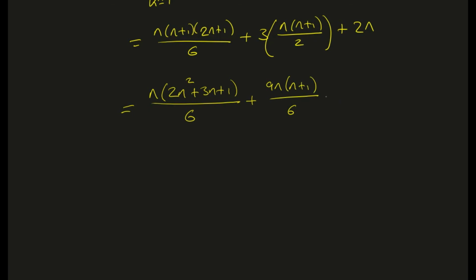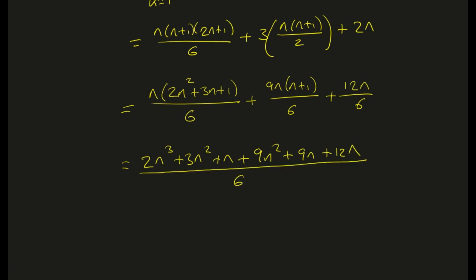Now let's leave it like that. And then that last one will be 12n over 6. Now we'll expand those last things and collect up the terms. So what will we have? We'll have 2n cubed plus 3n squared plus n. That's the first one. Second one, 9n squared plus 9n. And we've got that 12n on the end. And that is all collected into that one fraction now.